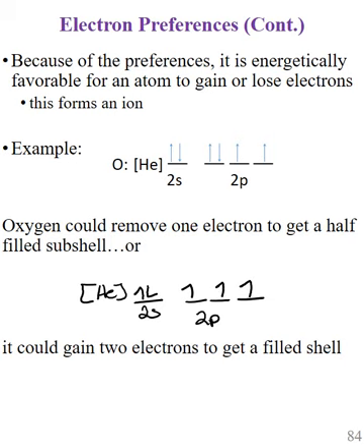Okay, which one is happier? Our oxygen or the one that we removed an electron from? The one that we removed an electron from. So this is going to be fairly happy because it's half full.